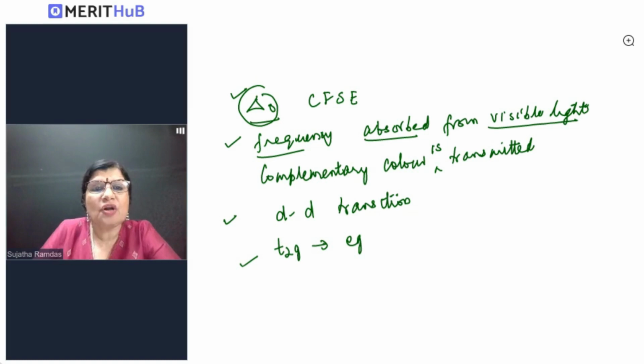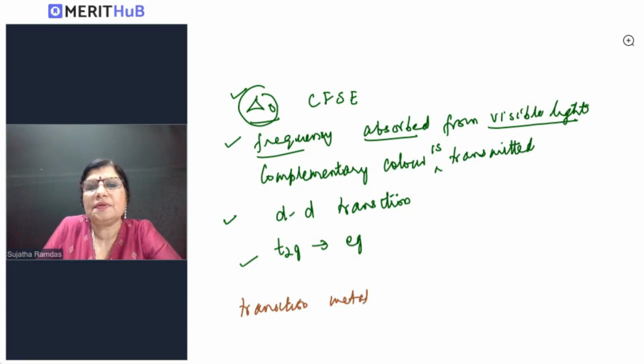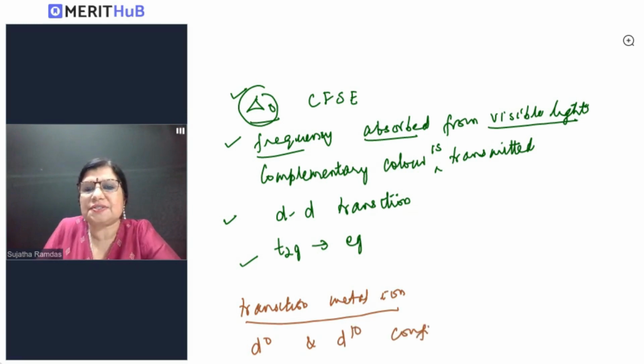Okay, now focus on these two configurations of the transition metal ion: metal ion of d0 and d10 configurations.